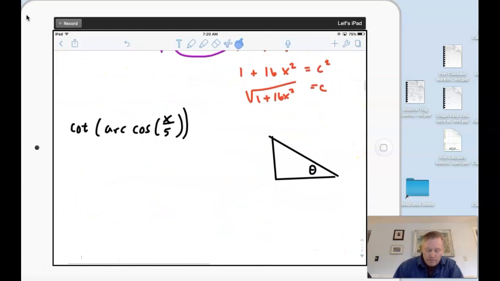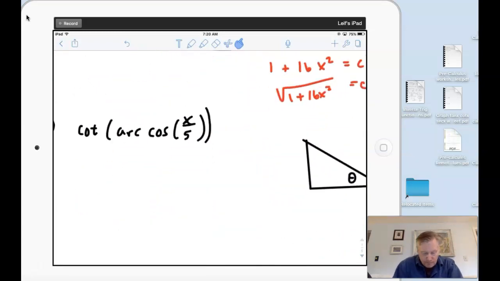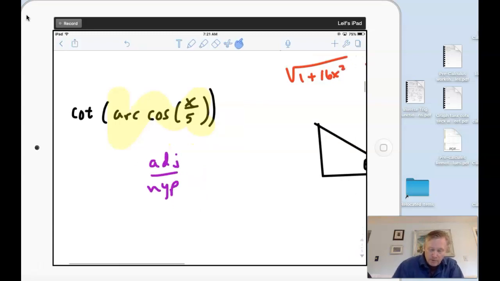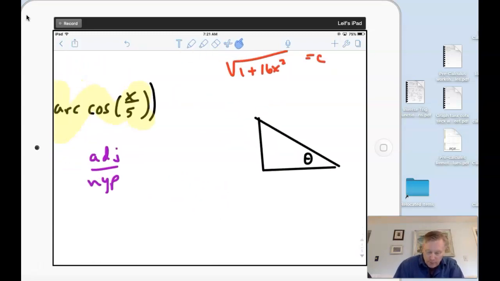Next one, number 4. So, starting out here, arc cosine. Cosine is the adjacent over the hypotenuse. So, put that in there. Adjacent would be the x.